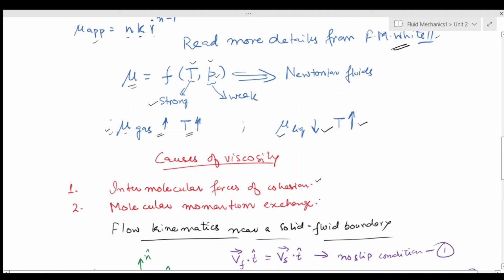For gases, the molecular momentum exchange is the predominant reason for viscosity. So when we increase temperature, this molecular momentum exchange increases, and that increases the viscosity for gas. In case of liquids, it is the intermolecular forces of cohesion which is the main reason for viscosity. And when we increase the temperature, the intermolecular forces of cohesion decrease, and that is the reason we see a decrease in viscosity with increase in temperature.